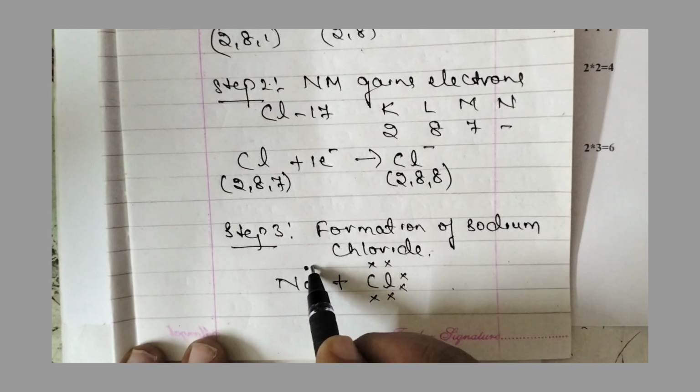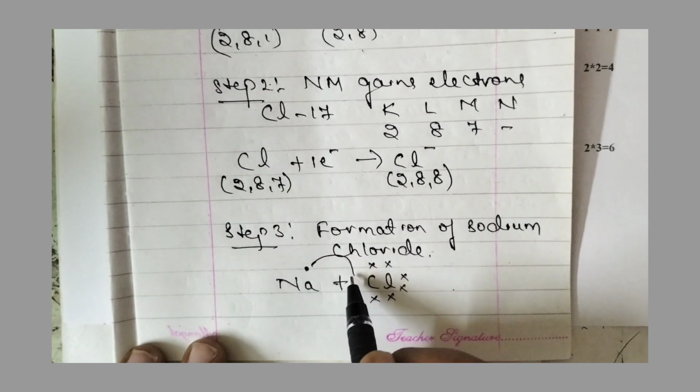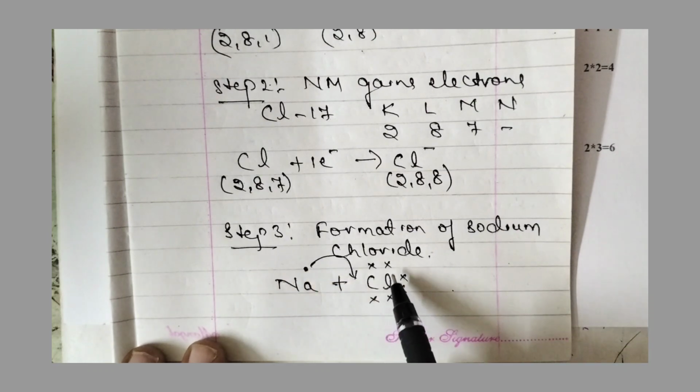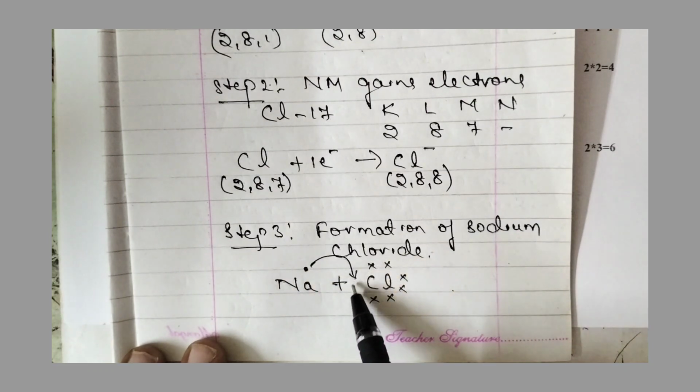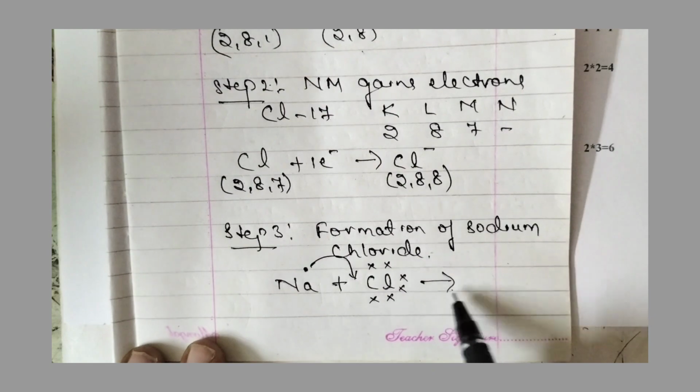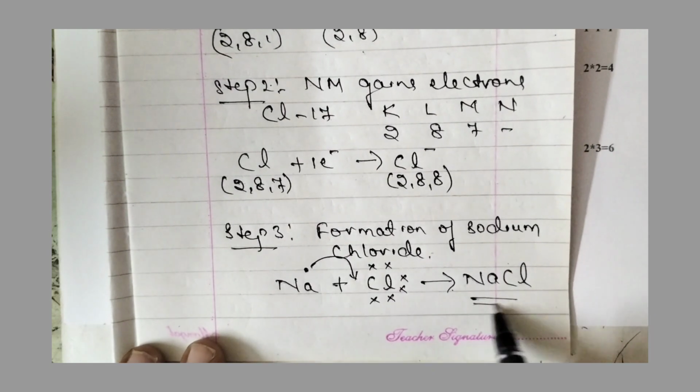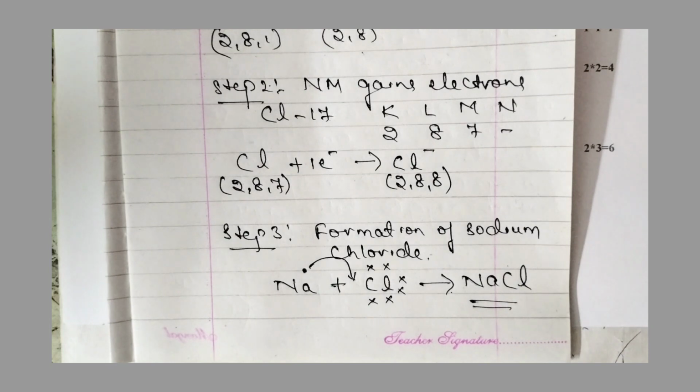So sodium will transfer one electron to chlorine. By losing one electron, the sodium atom becomes a sodium ion. By gaining one electron, the chlorine atom becomes a chloride ion. So they will become NaCl. This NaCl is sodium chloride.